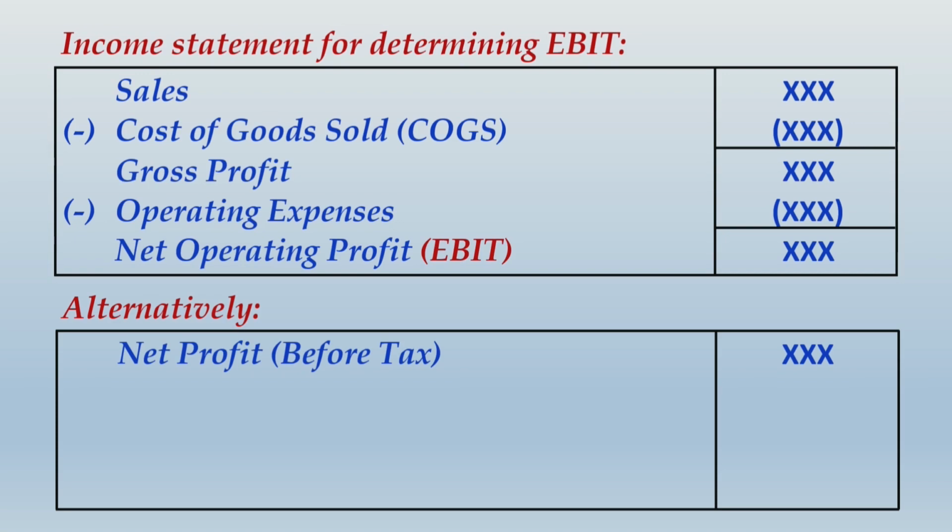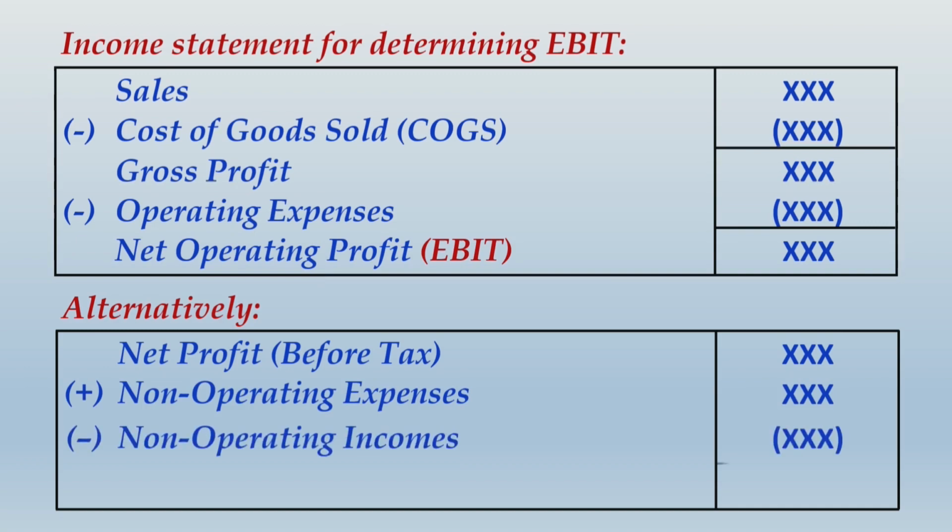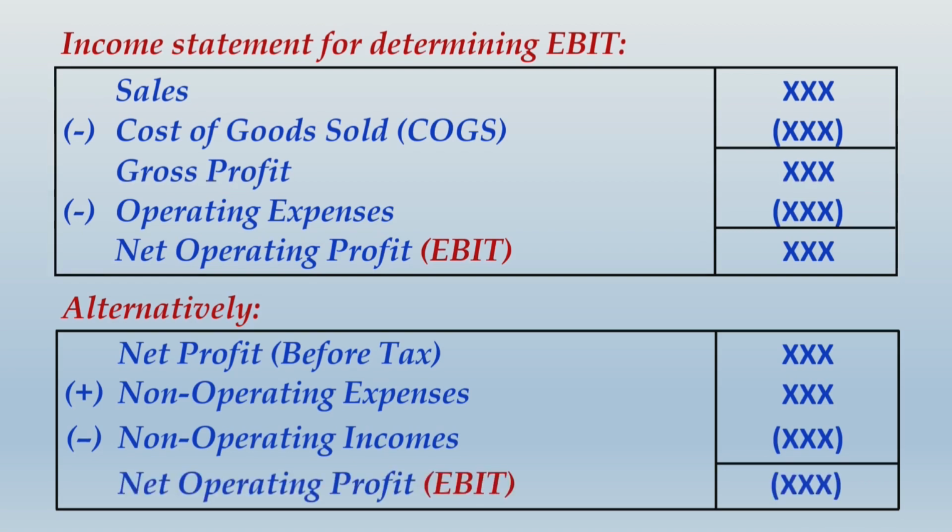Because it is a net profit before tax, all the non-operating items have also been adjusted. So we are going to apply a reversal effect on this, that is adding back non-operating expenses and subtracting non-operating incomes. And what we again get by this approach, I repeat, is nothing but net operating profit, that is EBIT, standing for earnings before interest and tax.